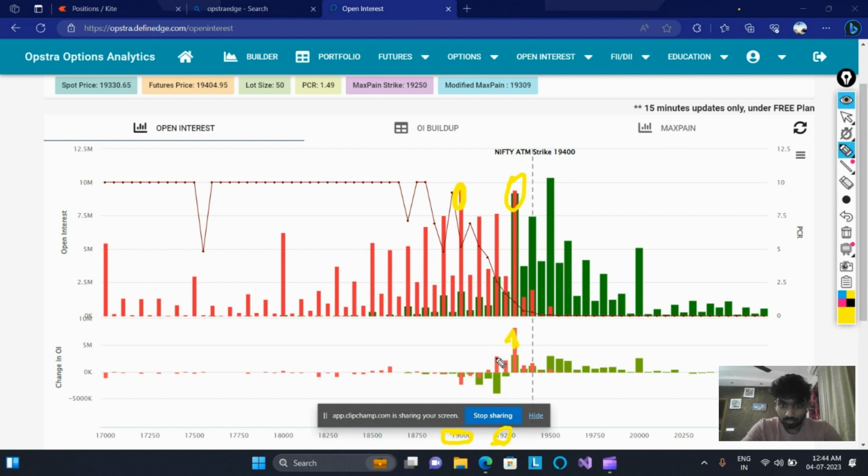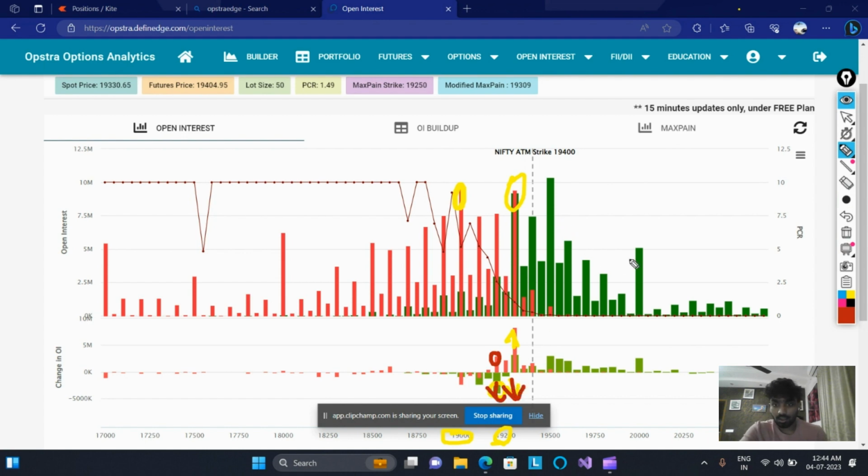Also we can see that here the put OI has decreased. So basically the put sellers are increasing over here, and call writings have decreased.